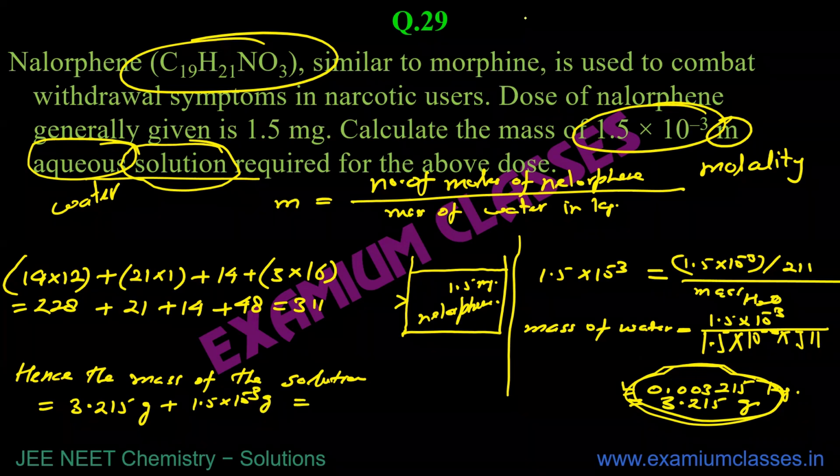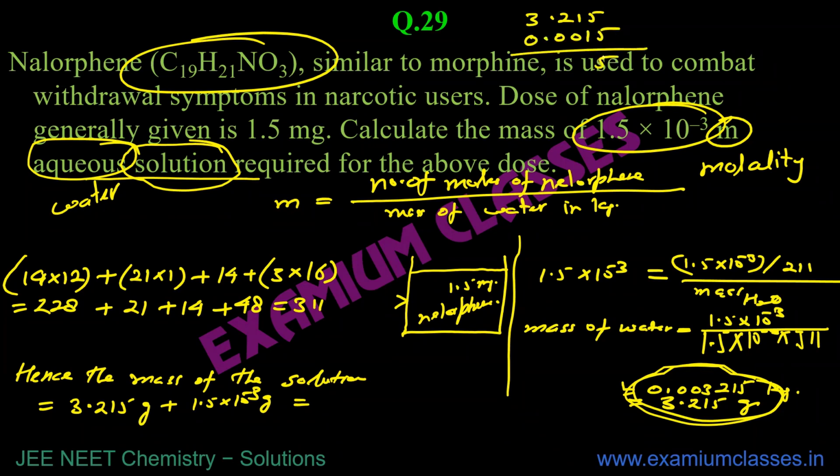So it will be 3.215, and 1.5 into 10 power minus 3 is 0.0015. So it will be 3.2165.